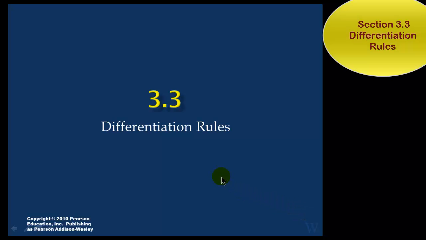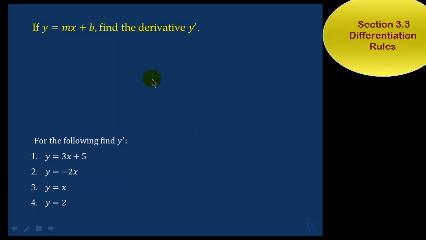Section 3.3 Differentiation Rules. As a motivation, we will look at this particular problem. If y is equal to mx plus b, find the derivative y prime. By definition, y prime is equal to the limit of f of x plus h minus f of x, whole thing divided by h, as h approaches 0.